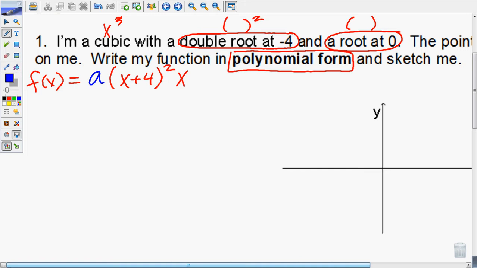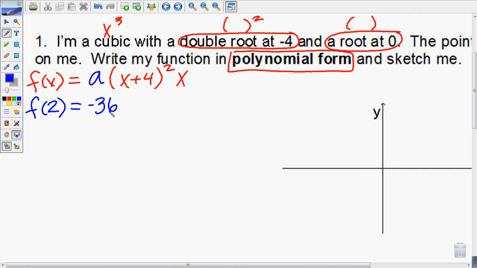Okay? So that, if we talk about input and output. So if I input 2, I need my output to be -36. So if I input 2, my output needs to be -36.